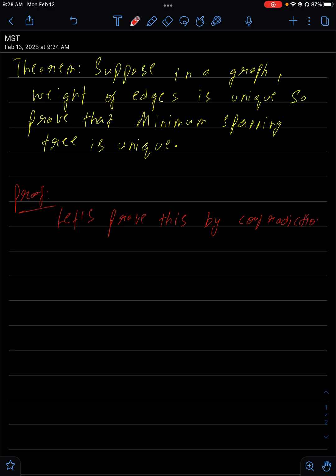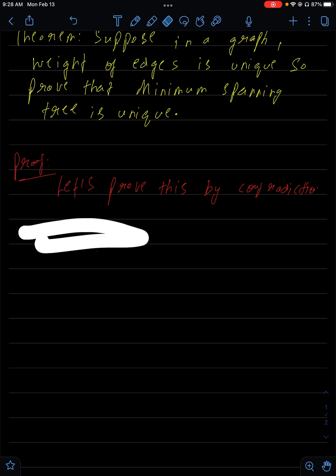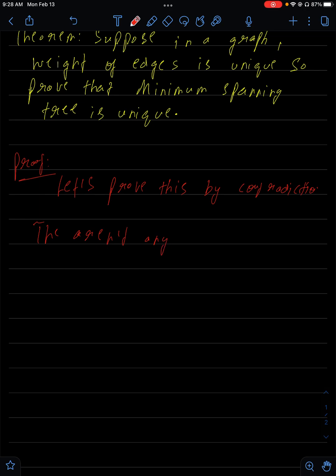Let's say there isn't any unique minimum spanning tree.